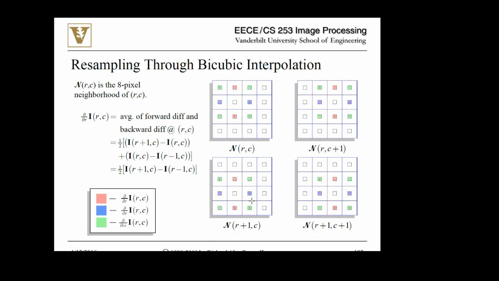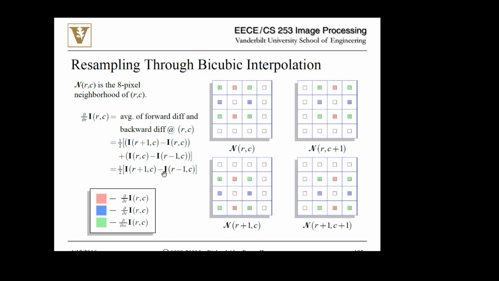So what is the derivative? This one is taking these three values. They are shown here: R plus 1, C and R minus 1, C. So we have this value, and then the one before, the one at the value, and the one after. And this will be an estimate of this derivative.